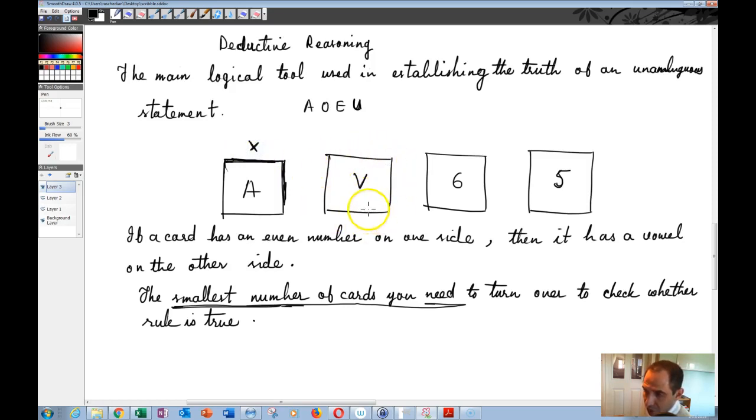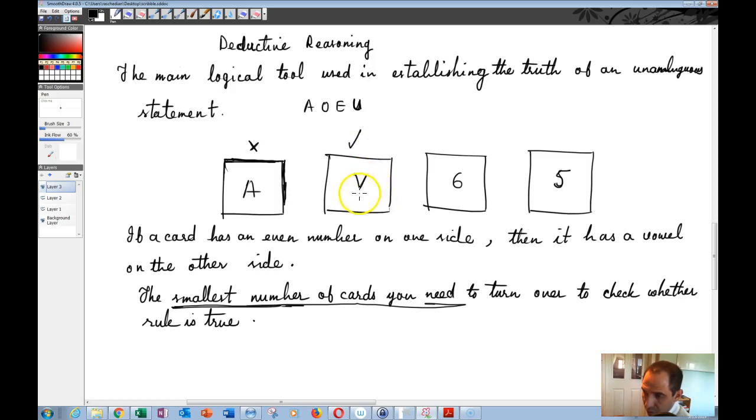Now about this card, if I have an even number on one side, and then if I have an even number on the other side of this card, then this side of the card holds a consonant, not a vowel. So then in that case the rule would be broken, right? So in that case I have to turn it over.